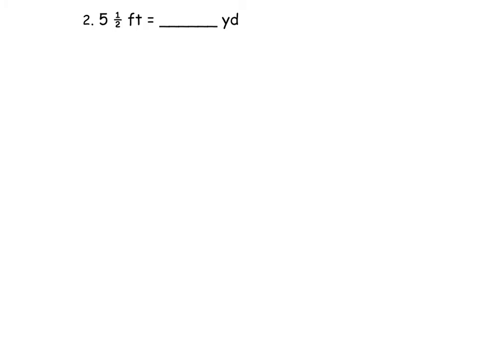5 1/2 feet equals blank yards. So I know that 1 yard is equal to 3 feet. So I need to convert the 5 1/2 feet into an improper fraction. I'm going to multiply my whole number by my denominator. 5 times 2 is 10 plus my numerator, which is 1, so it's 11, and my denominator stays the same.